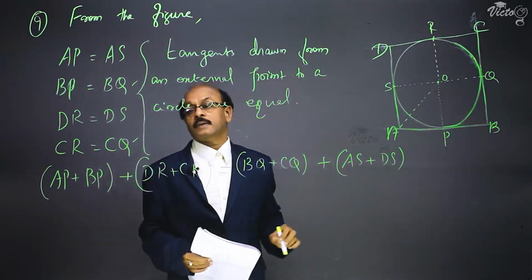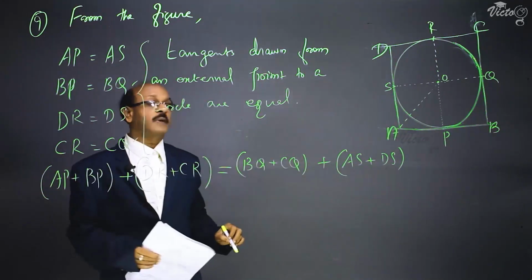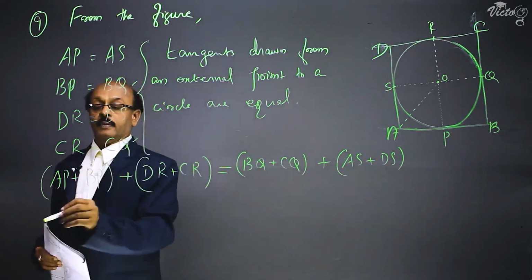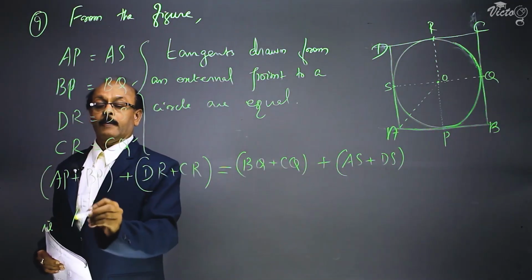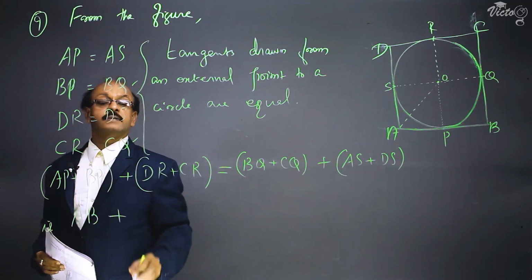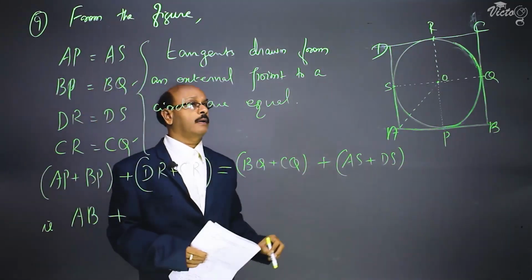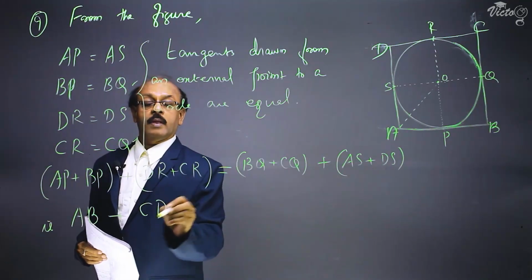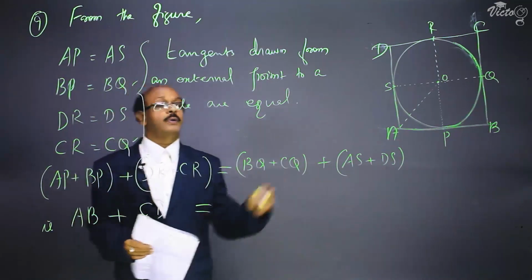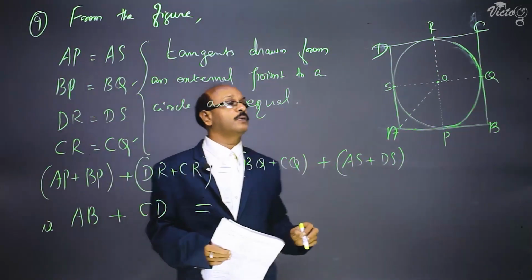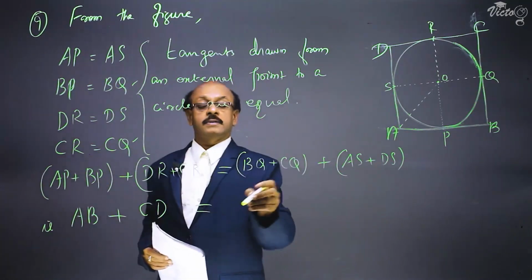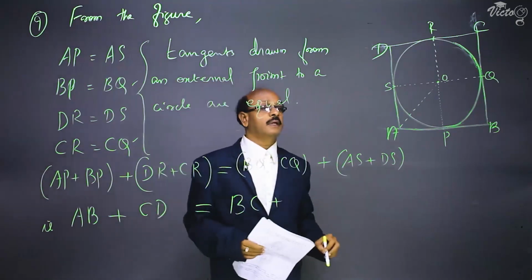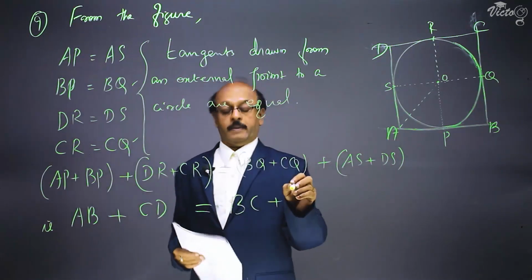Rearranging the terms, from the figure, AP plus BP is equal to AB. That is, AB plus DR plus CR, where DR plus CR is equal to CD. Which is equal to, look into the figure, BQ plus CQ is equal to BC, plus AS plus DS is equal to DA or AD.